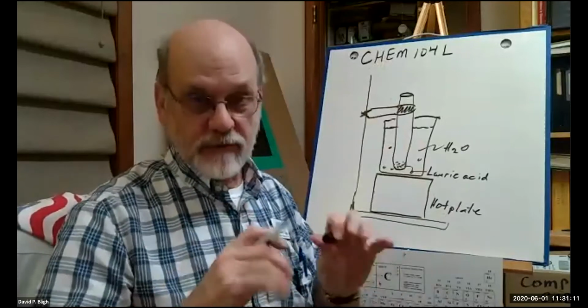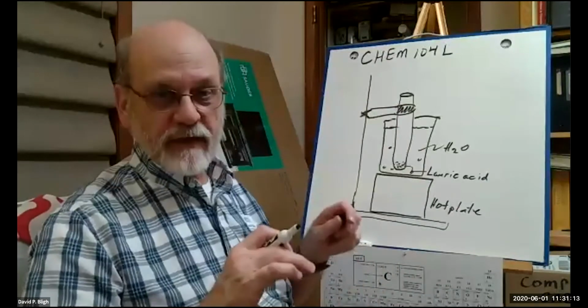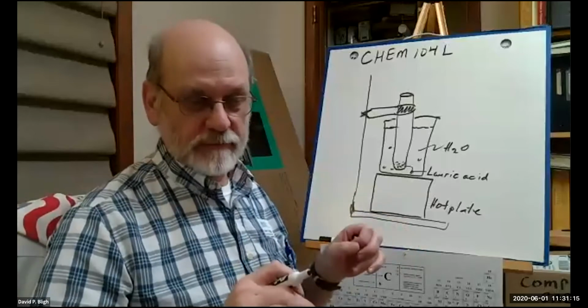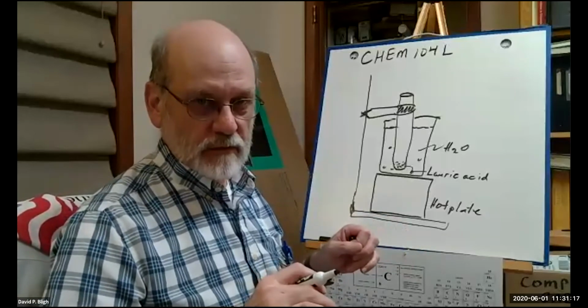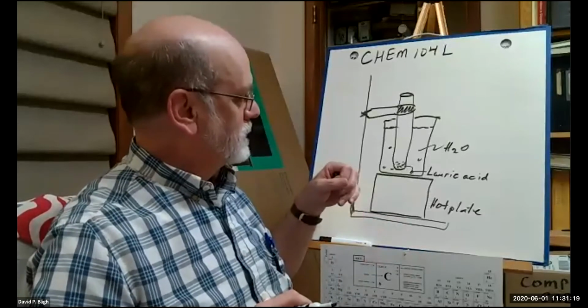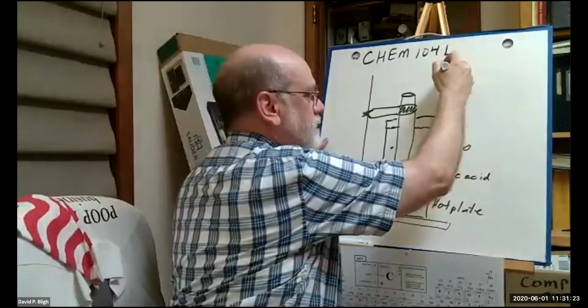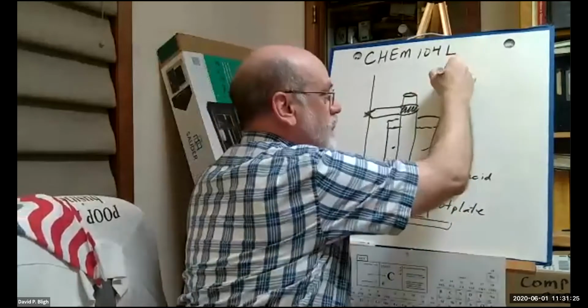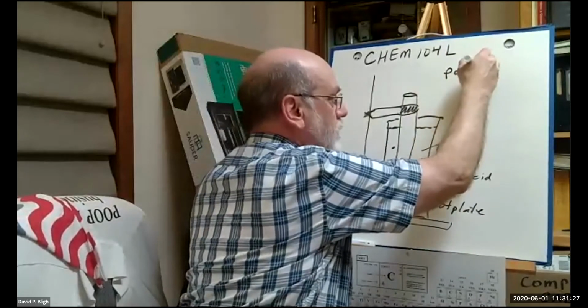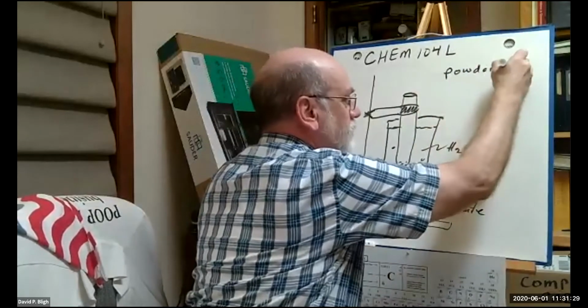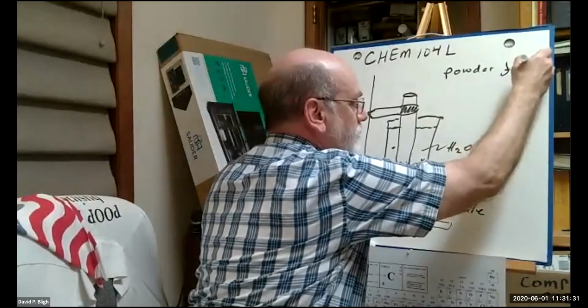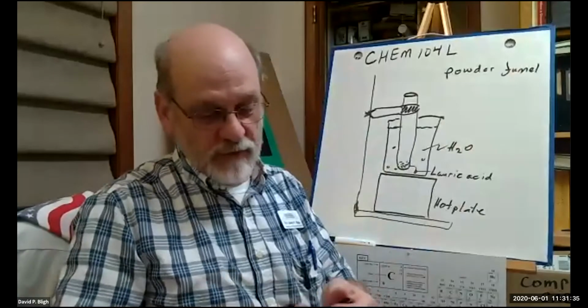One thing that I did forget to tell you. One other thing that we use, one of the materials, is a, we call it a powder funnel. A powder funnel is, well, you know what funnels we've used before.